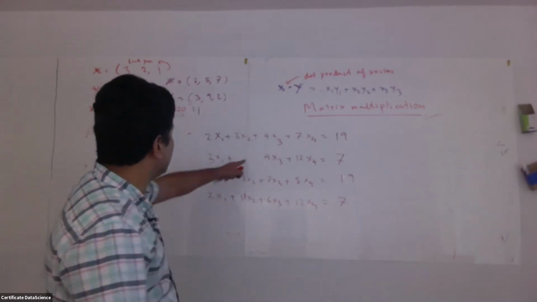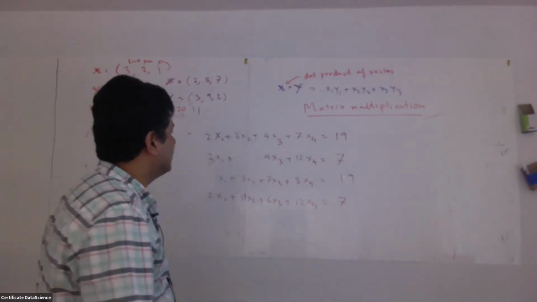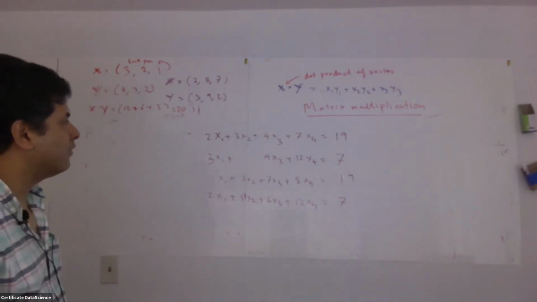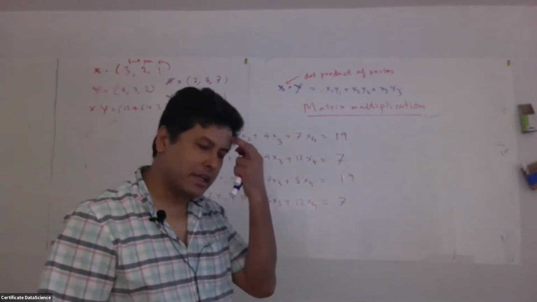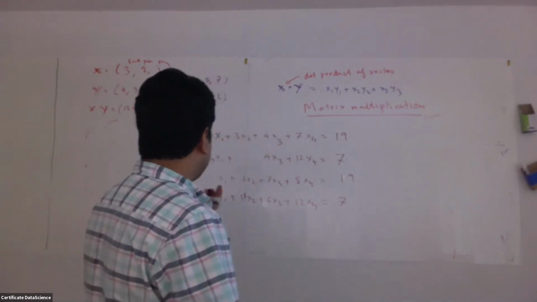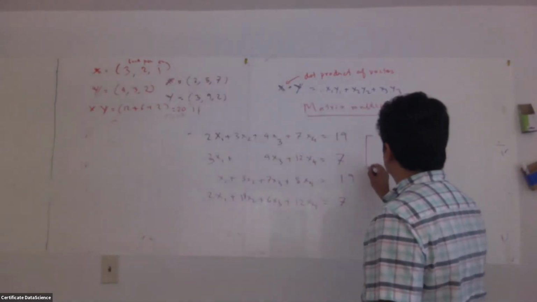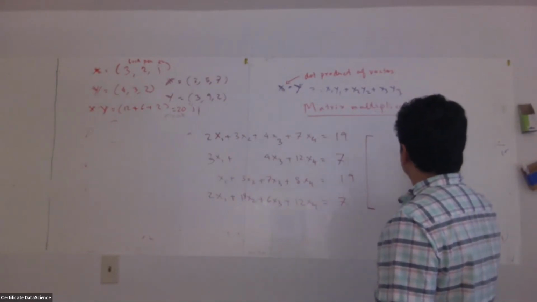Okay, so this I did not write, it means it's 0. So look at these equations. It is a large set of equations, and I would like to design methods that can solve these equations. But before that, I can write them in this form.